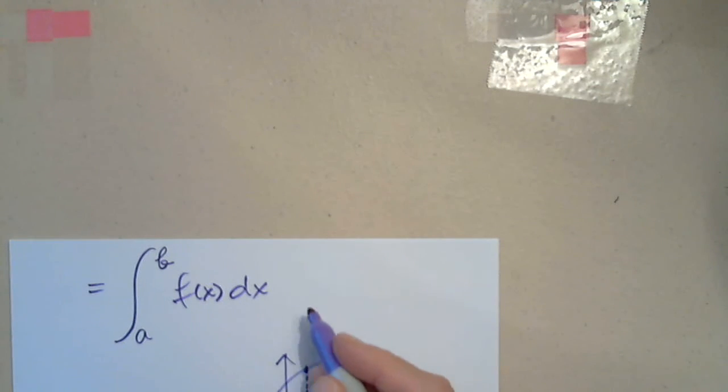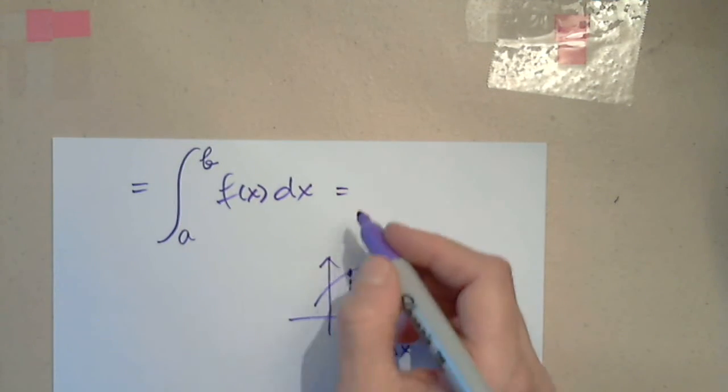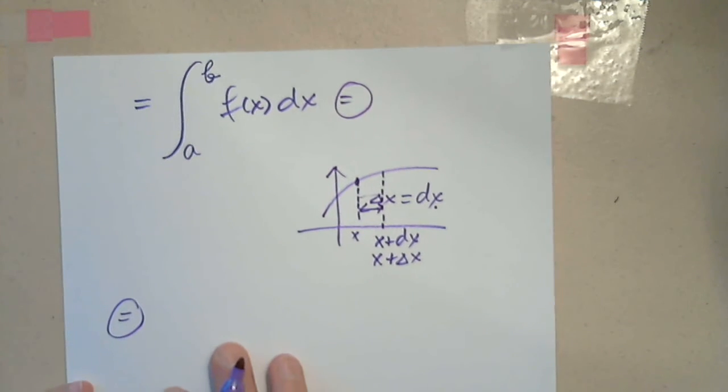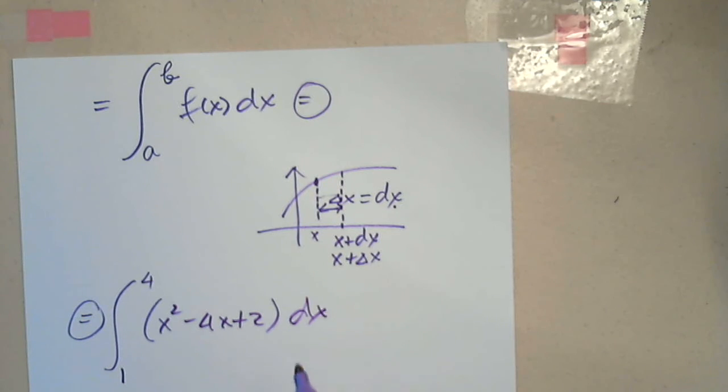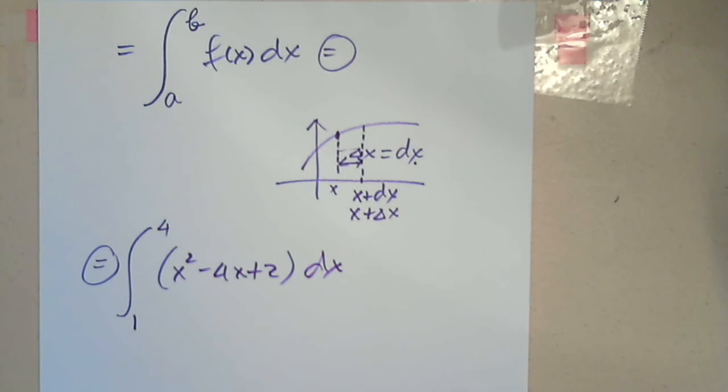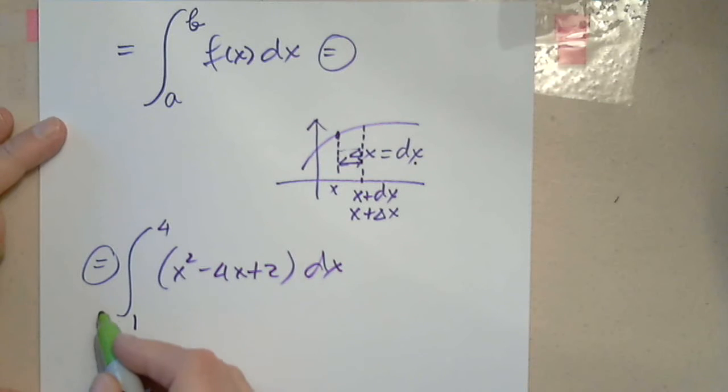So how will this look for our function that we just finished calculating the area for? It will look like this. The integral from 1 to 4 of x squared minus 4x plus 2 dx. So this is the integral symbol.